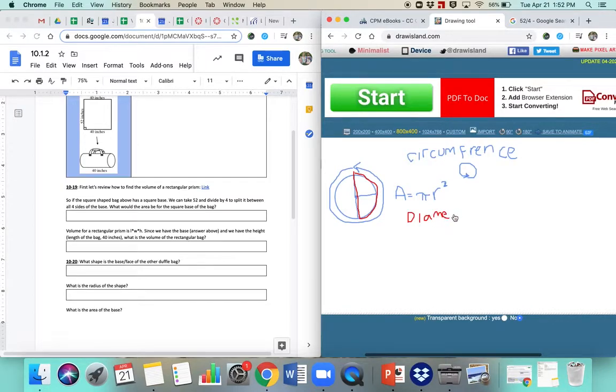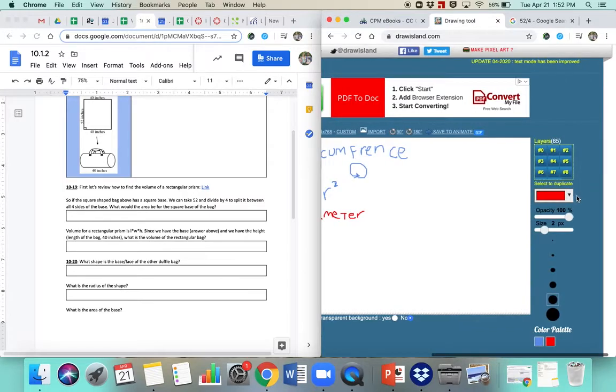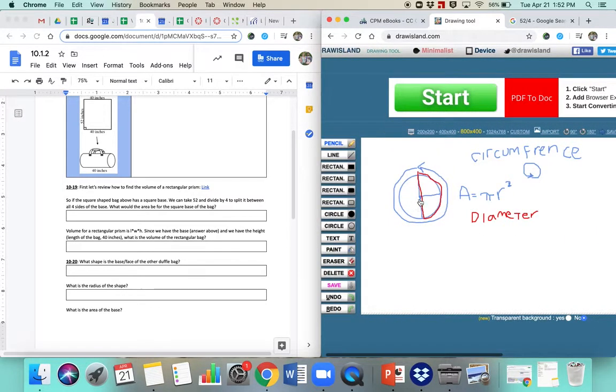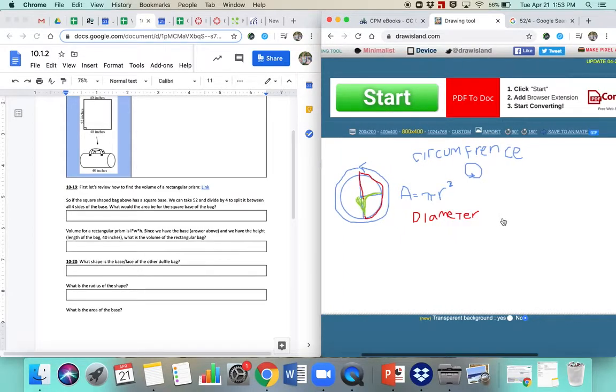And last but not least, we have the radius, which is right here. It kind of like makes an R in this shape. So the R is my radius.